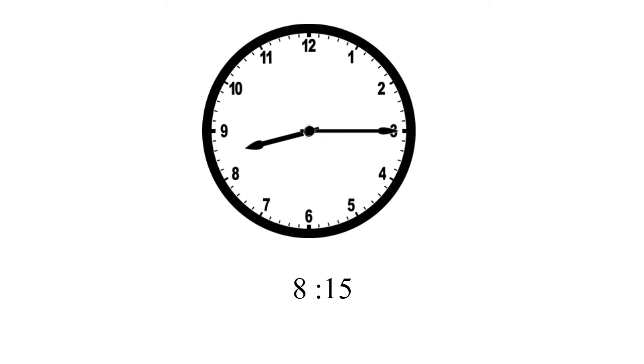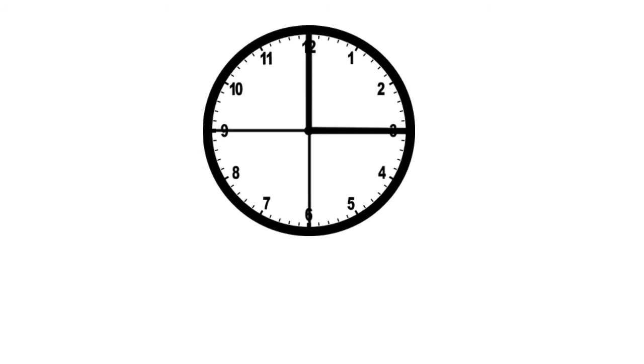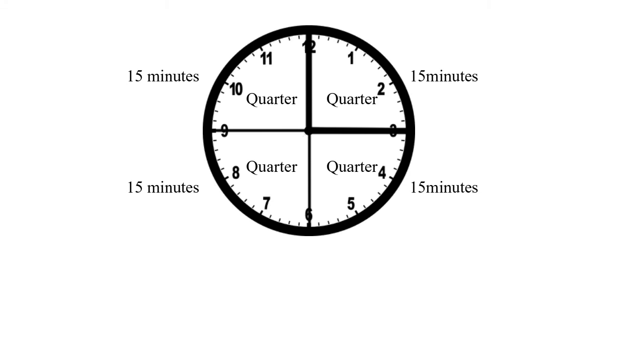There is another way to write the time when the minute hand points at 3. That is, we use the word quarter past. When we split a clock face into 4 parts, each part is a quarter of an hour, that is 15 minutes each.